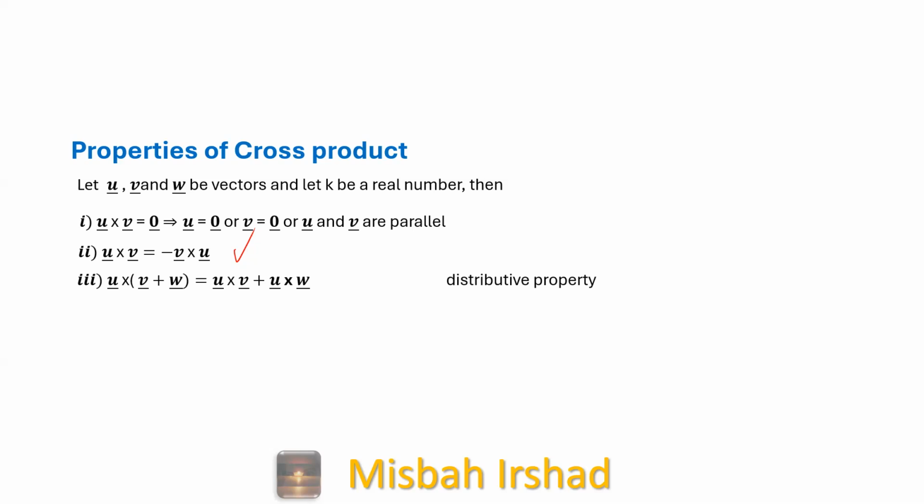You can prove all these properties by yourself. u cross scalar multiple of v is equal to scalar multiple of u cross v. So this is the property of parallel vectors: u cross v is equal to 0. And if one of the vectors is 0, then the cross product is also 0.